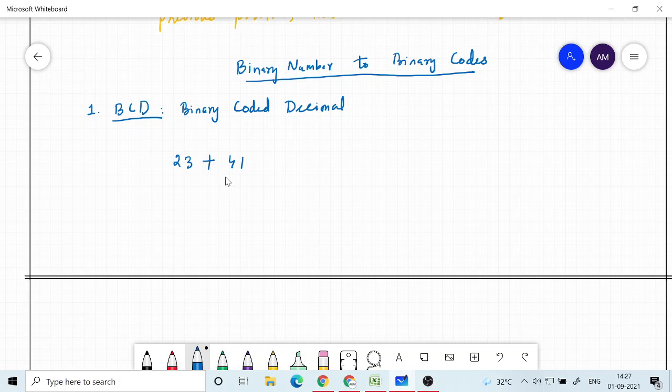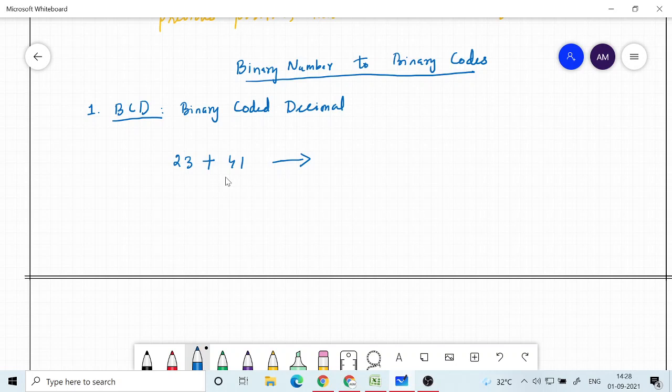So one possible strategy is that when we press 23, we translate this into a different set of inputs which are in the form of binary. The binary of 23 should go.